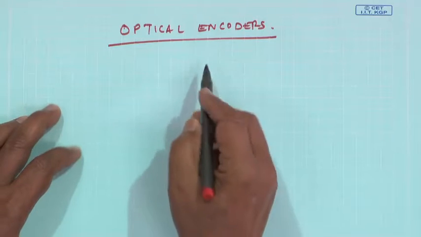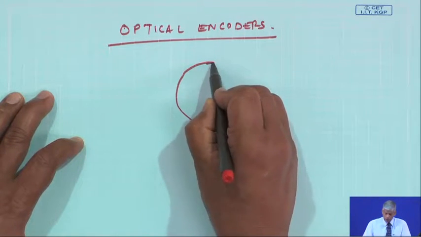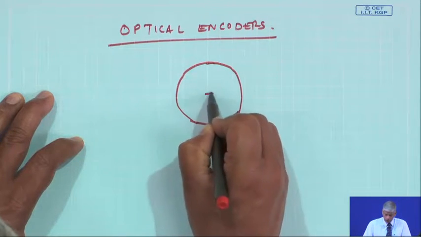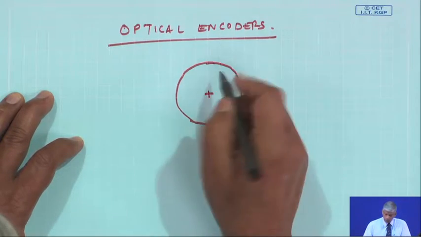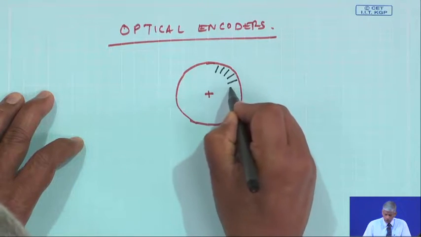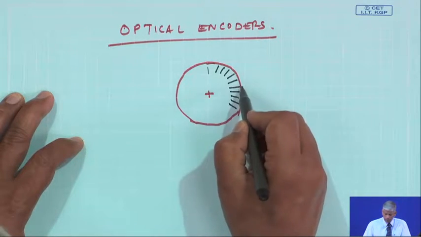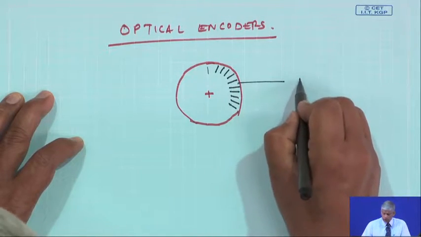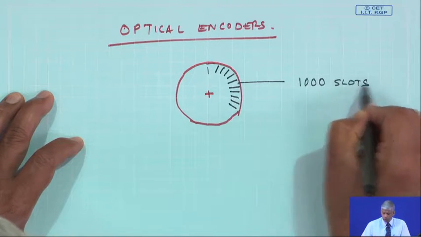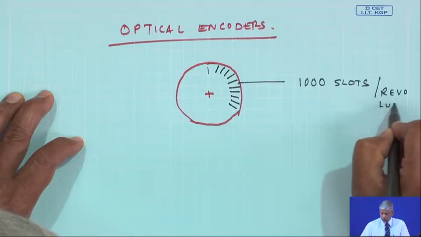And if I talk about optical encoders, optical encoders are nothing but a disc which has slots on the periphery. I am not drawing all the slots, but all around they are. So, this could be given as 1000 slots per revolution.